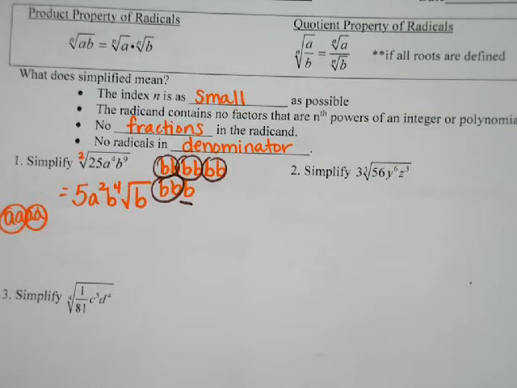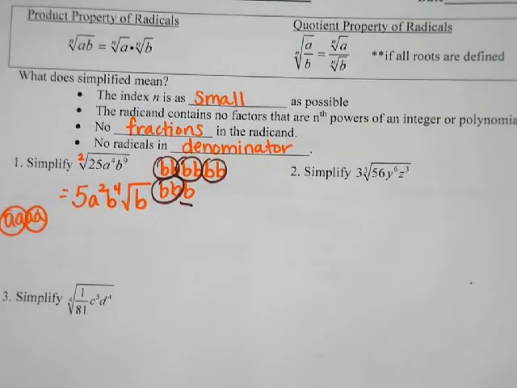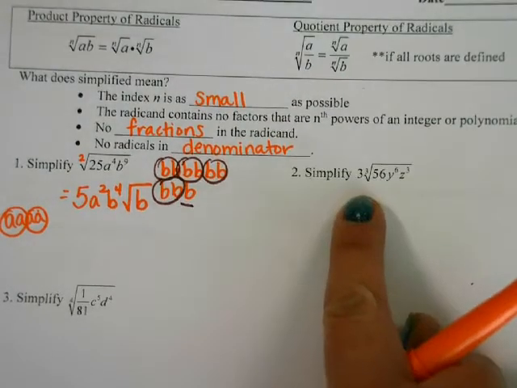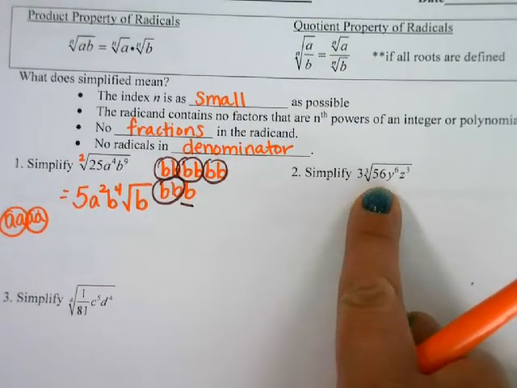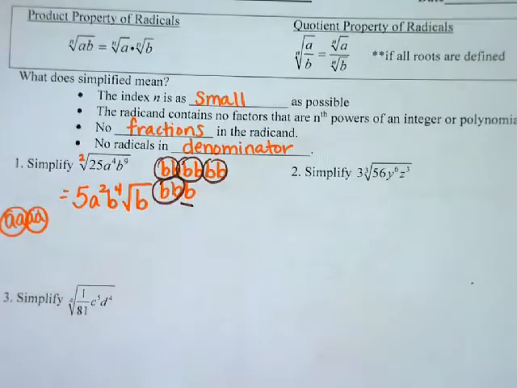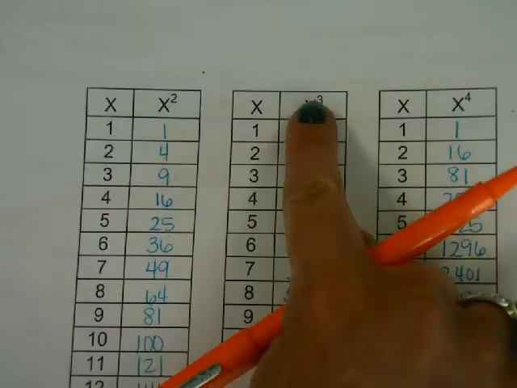All right, look at number 2. It says simplify 3 times the cube root of 56 y to the 6th z to the 3rd. All right, that 3's just hanging out front, and he's going to stay hanging out front. Look at your chart. Do you have 56? Can I take the cube root of 56?